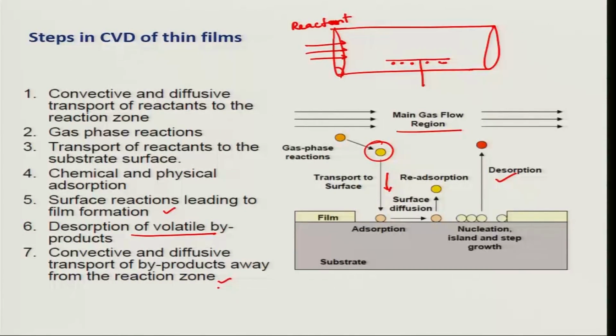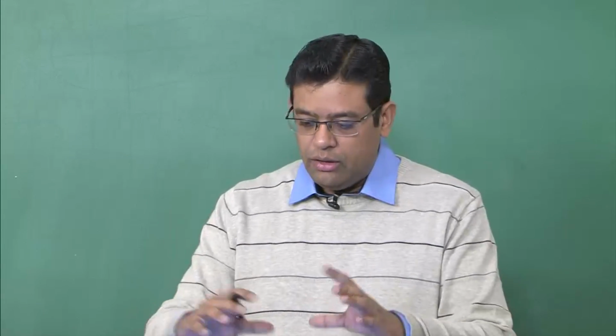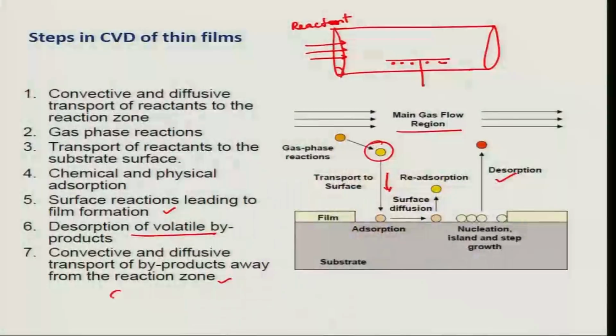So, these are the various steps involved, but if you look at it broadly, there are two things. One is gas transport, which we can call kinetics, and it could be convection or diffusion or transport of reactants to the surface where they react.